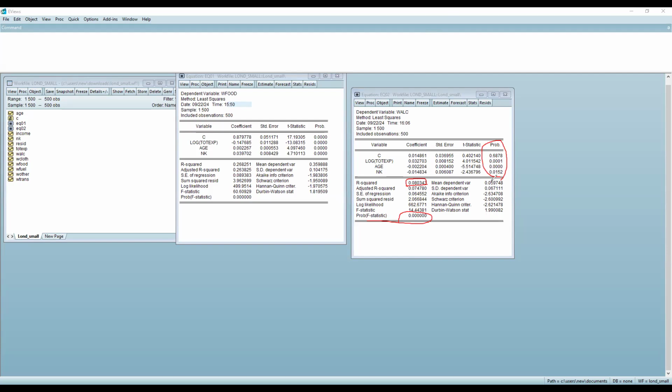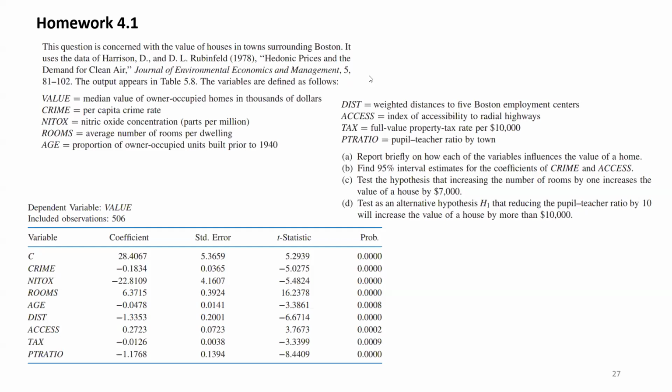So let's see the homework. I give you two homeworks today. Oh, it's really long, right? So this is the effect on housing price. The housing price depends on plant, nitric oxide, number of rooms, age, distance, access, tax, and PT ratio.